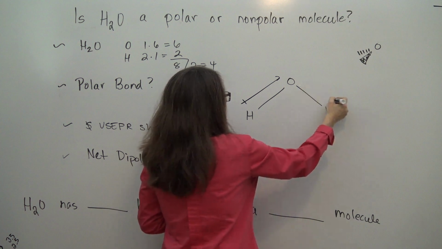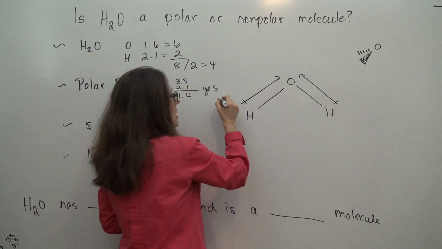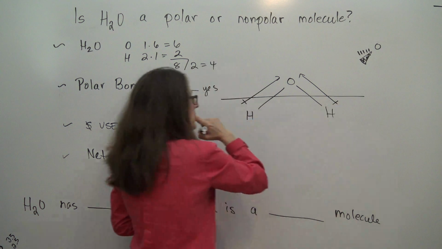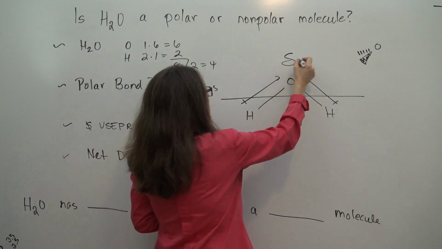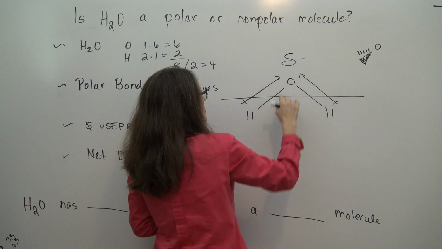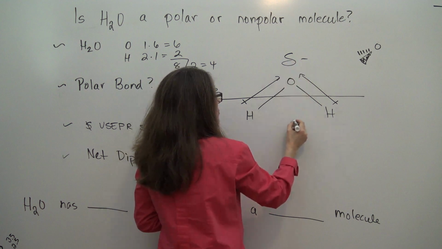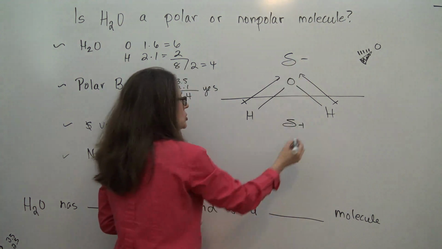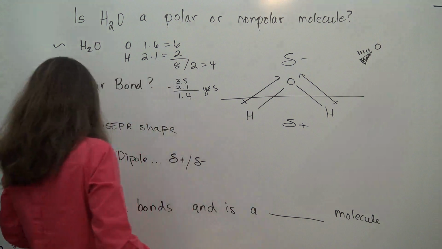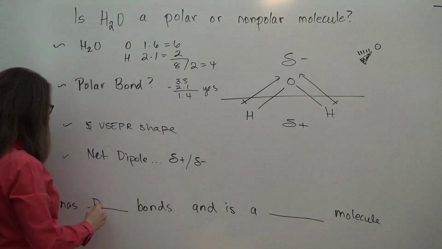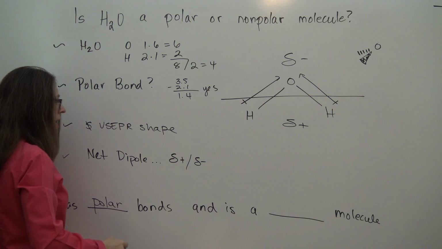These 2 electrons scooch that way. And if I draw a line right there, all of this up here is kind of negative, and everything down here is partially positive. Water has polar bonds, and it is a polar molecule.